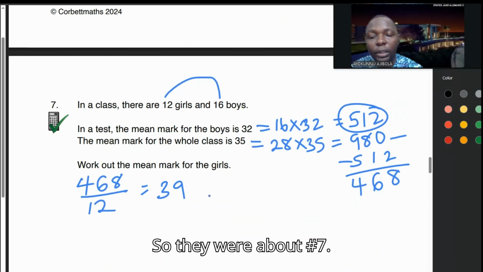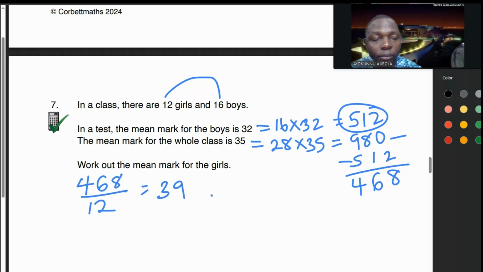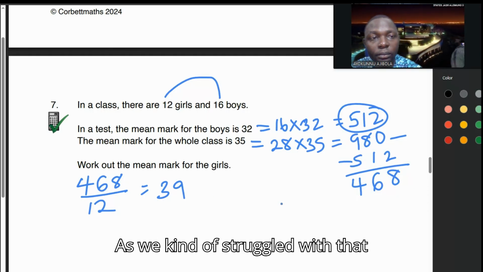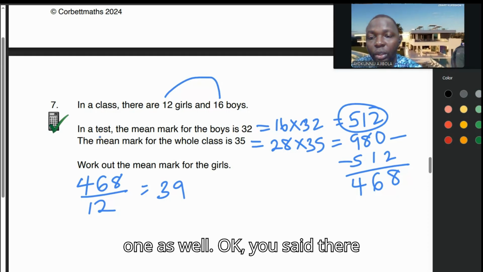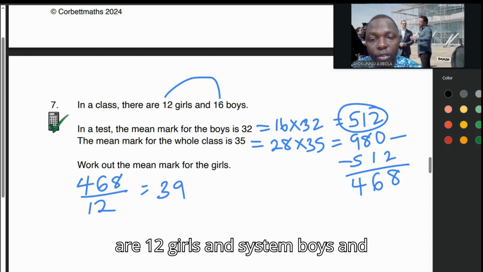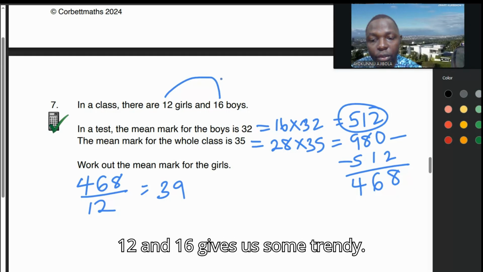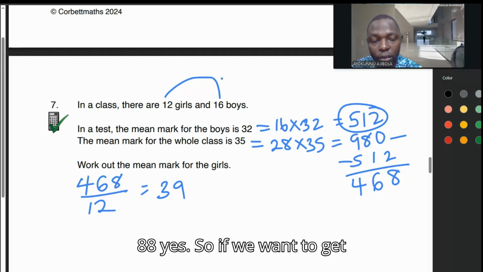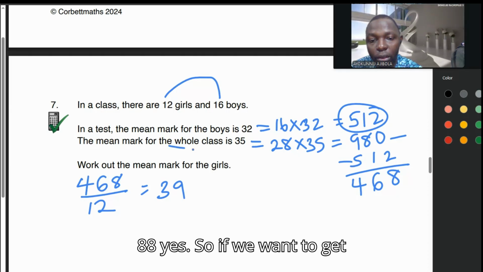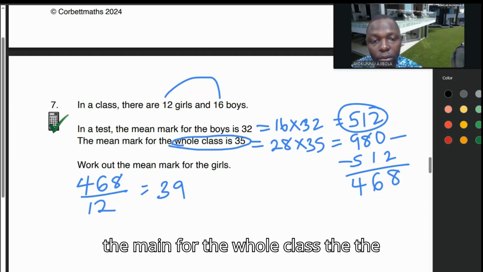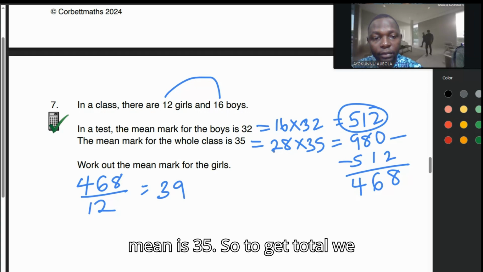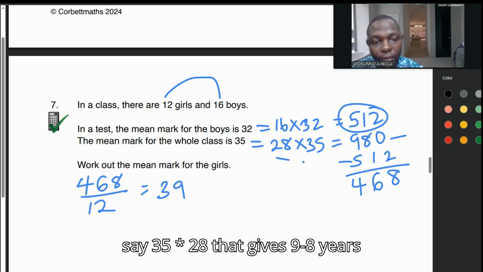So what about number 7? I also kind of struggled with that one as well. Okay. It said there are 12 girls and 16 boys, and 12 and 16 gives us 28. So if you want to get the mean for the whole class, the mean is 35. So to get the total, we say 35 times 28.